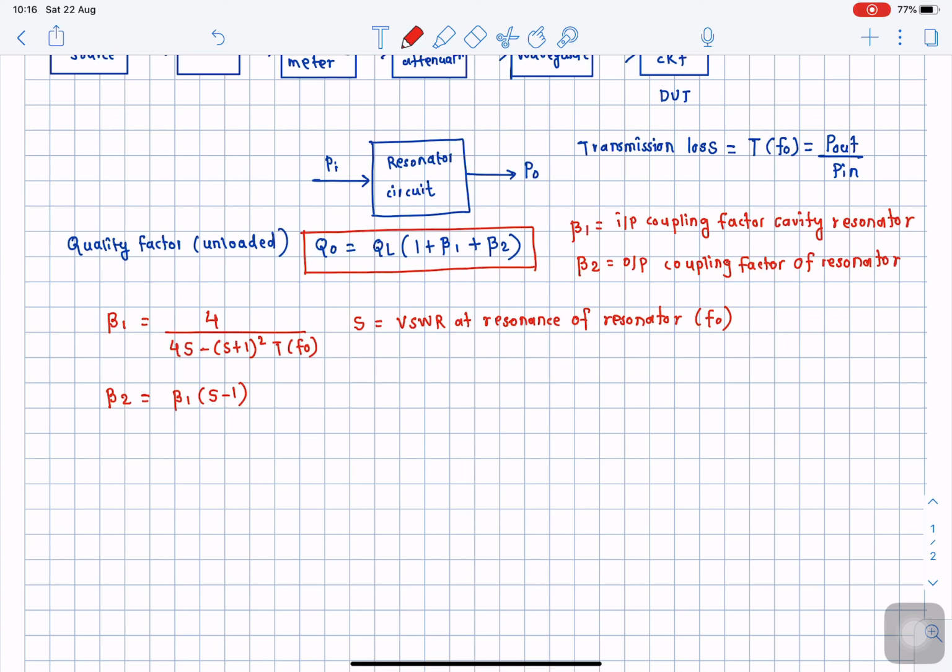Okay, so please remember here, the unloaded quality factor is given in terms of loaded quality factor by incorporating the input and output coupling factors. The input and output coupling factors are given by beta 1 and beta 2.